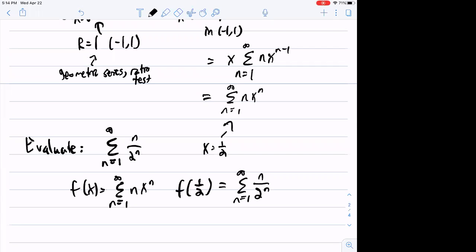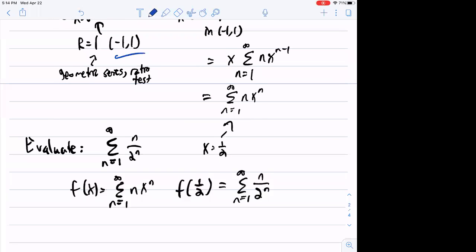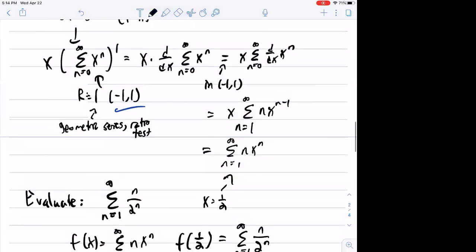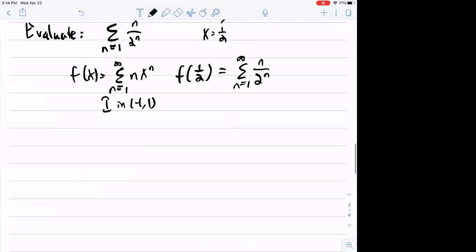And we showed that inside the interval negative 1 to 1, my function f of x, from part A, was x over 1 minus x squared. And certainly a half is in the interval negative 1 to 1.